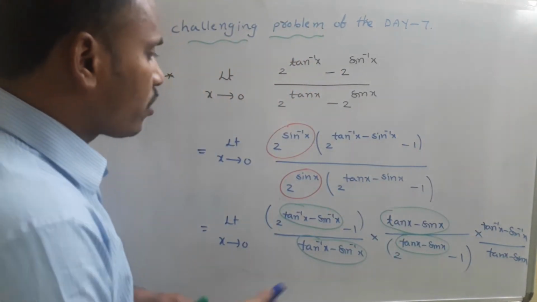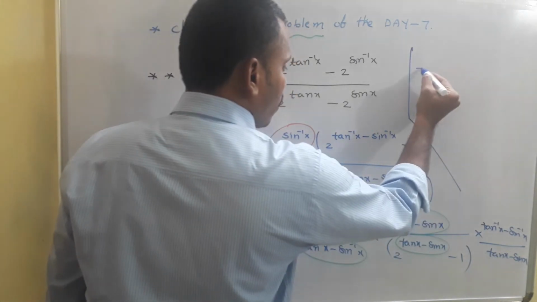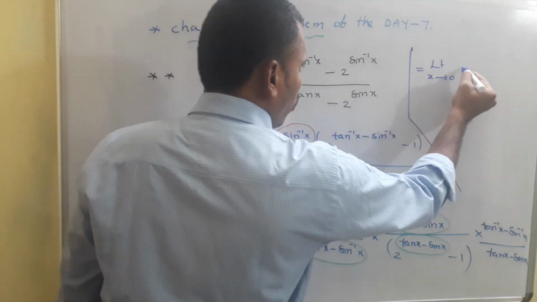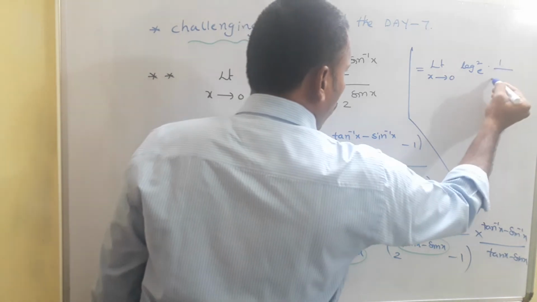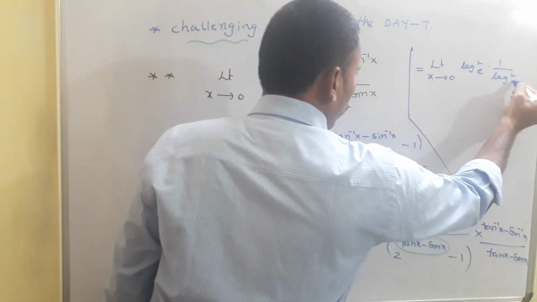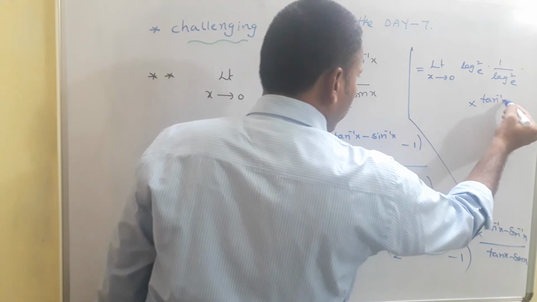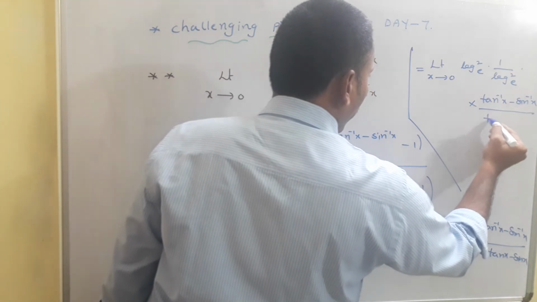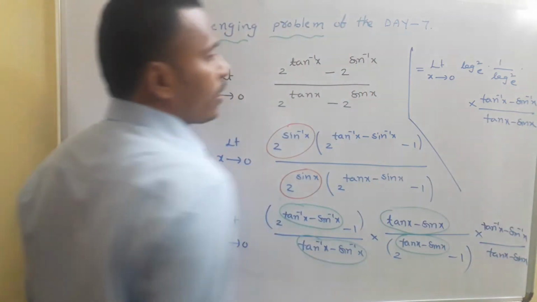The next step is nothing but this: equals limit x tending to 0 of log 2 to the base e into 1 by log 2 to the base e into tan inverse x minus sin inverse x divided by tan x minus sin x.